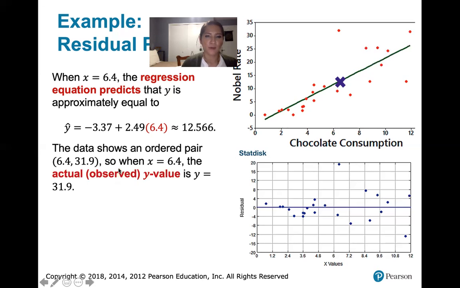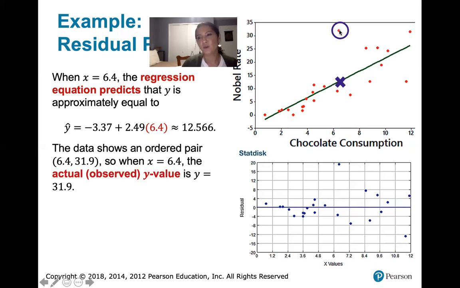So when x is actually equal to 6.4, there is an actual country that has a y value of 31.9 Nobel laureates per 10 million people. And that corresponds to that value right there.